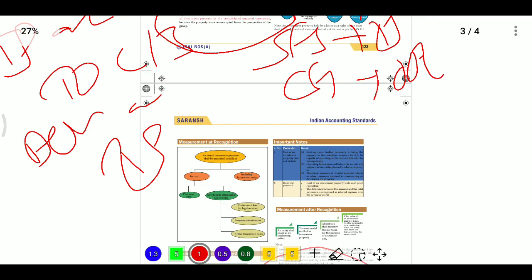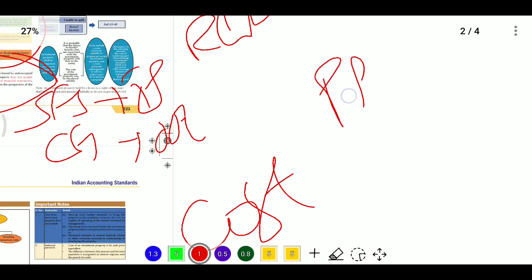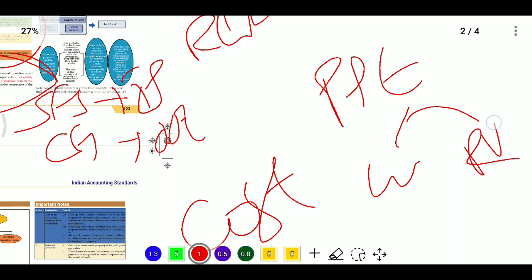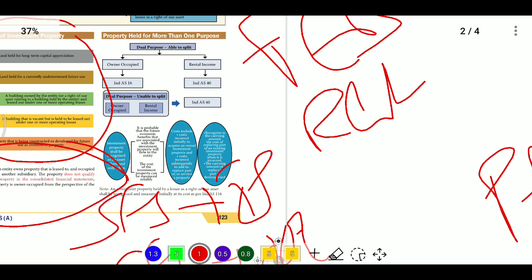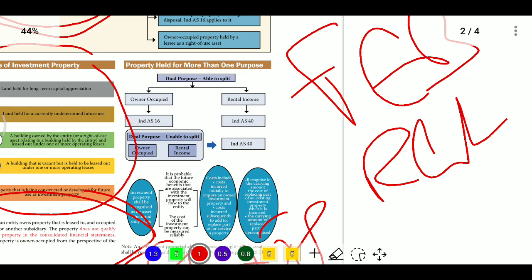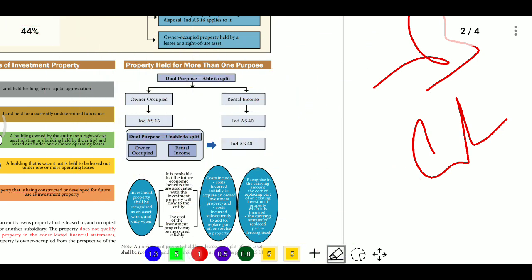For each subsequent recognition, at each balance sheet date we need to see. For investment property we use only the cost model, but PPE can use the cost model or revaluation model for subsequent measurement. For example, if we have property held for more than one purpose, we need to see whether we are able to split it or not.